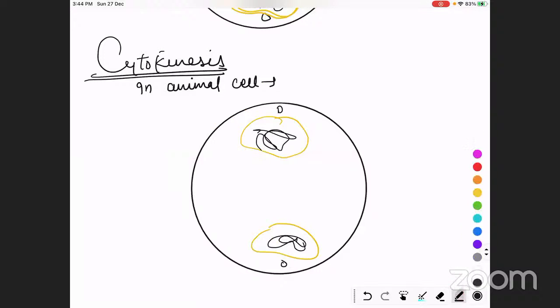Okay, and now in this animal cell there is the furrow method. In the furrow method, there will be development of the appearance of a furrow in the plasma membrane.